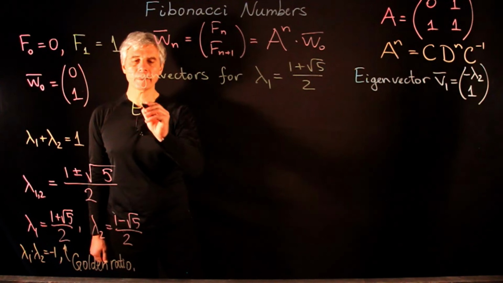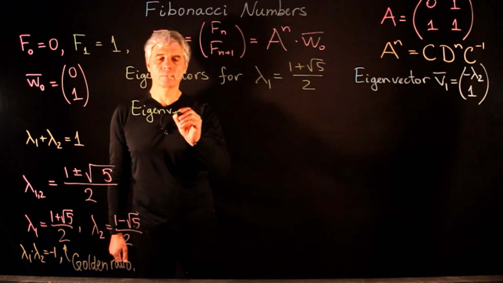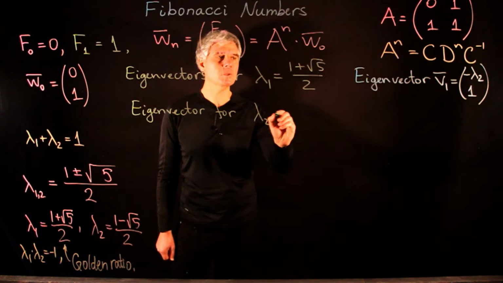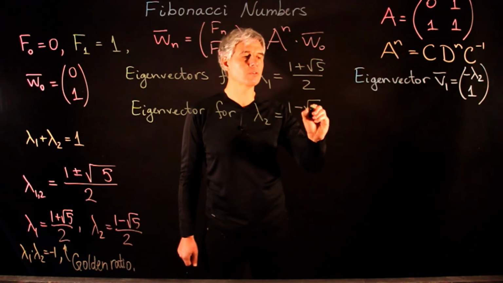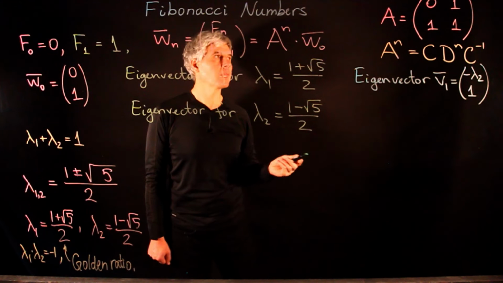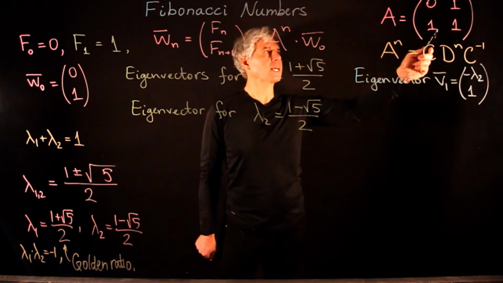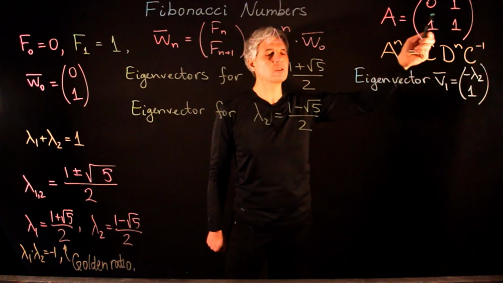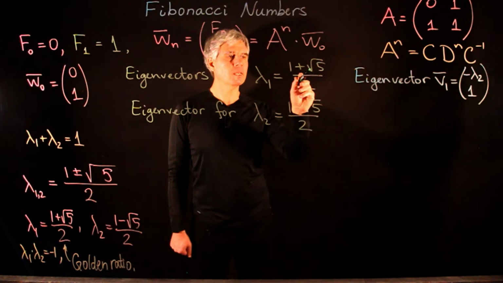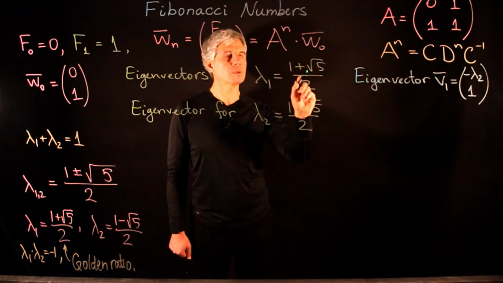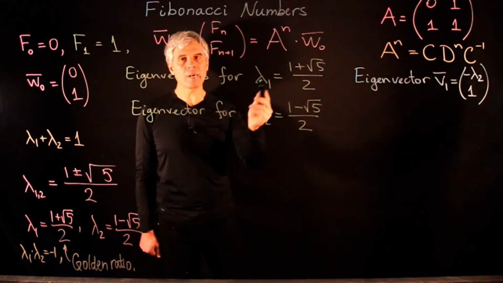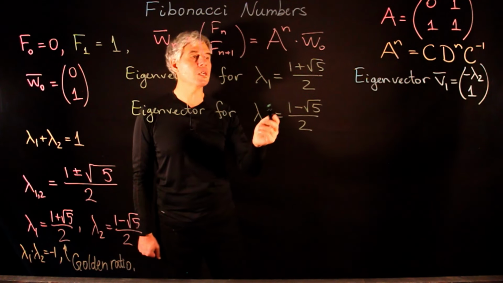Next, we would like to find the eigenvector for the second eigenvalue, lambda 2, which is 1 minus square root of 5 over 2. And here we will use the following trick. If our matrix has rational, or in this case integer, coefficients, and one of the eigenvalues contains an irrational square root, like here we have square root of 5, then eigenvalues will come in conjugate pairs.